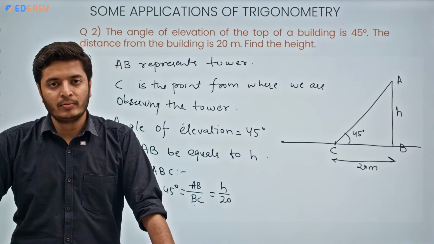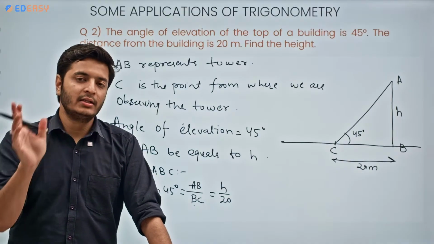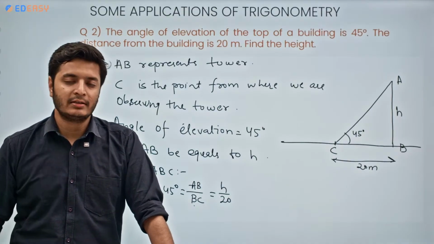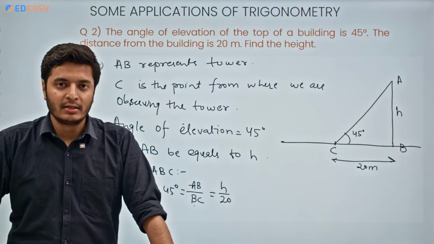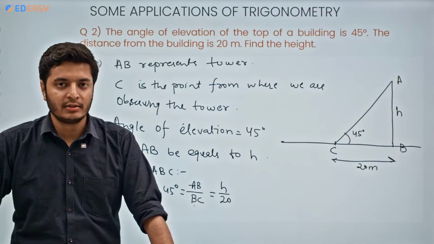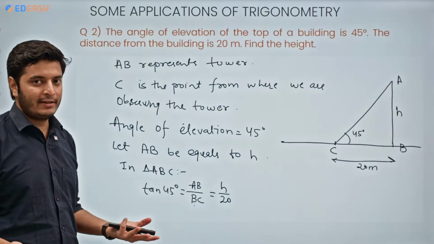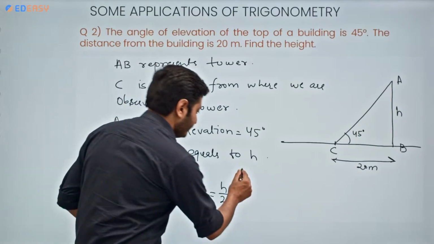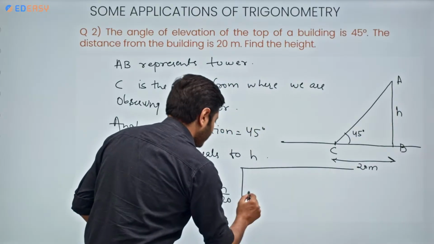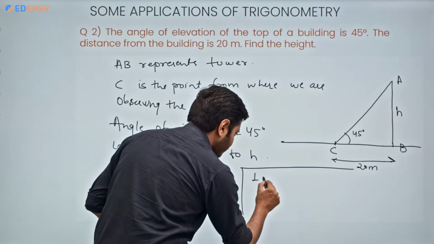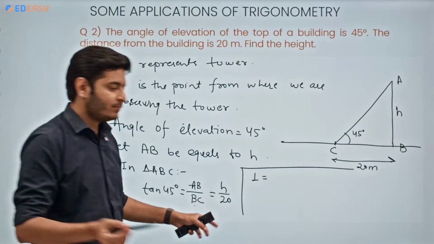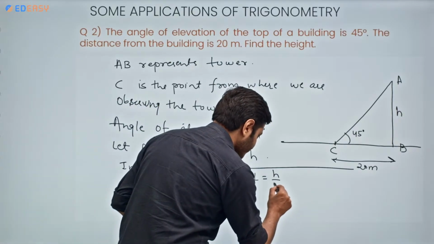But just to be double sure, we can look at the table that we have created at the back of the answer sheet in the rough sheet, correct? So from there, we are sure that the value of tan 45 degrees is 1. Now, in place of tan 45, I will write 1, and this h by 20 will remain as it is.